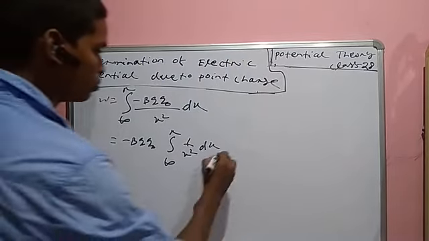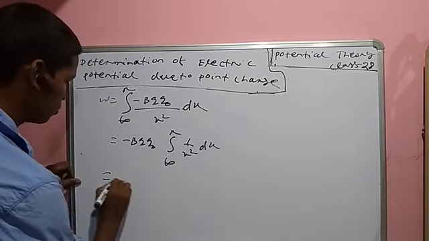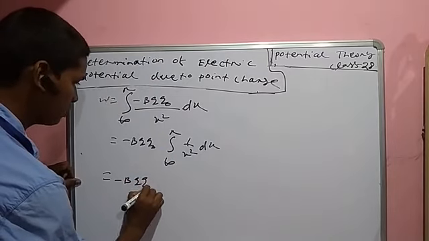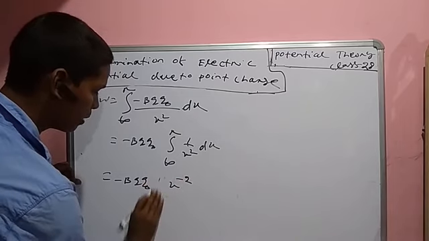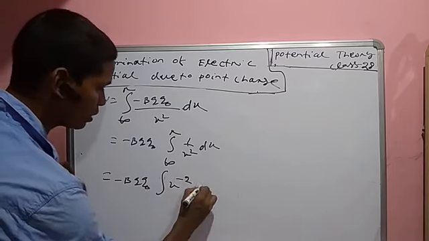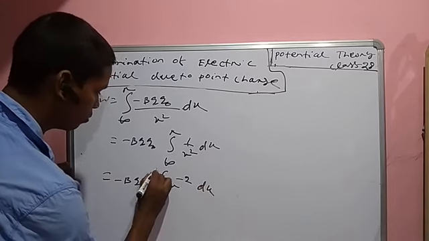Similarly, here we have minus beta q0 times the integration of x to the power minus 2 dx, from infinite to r.